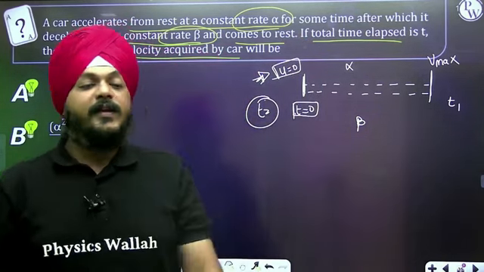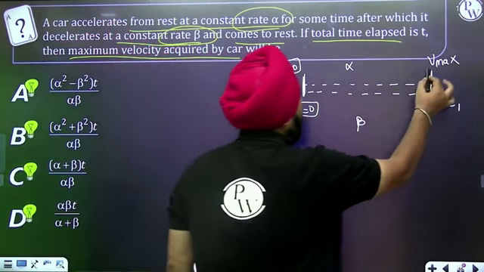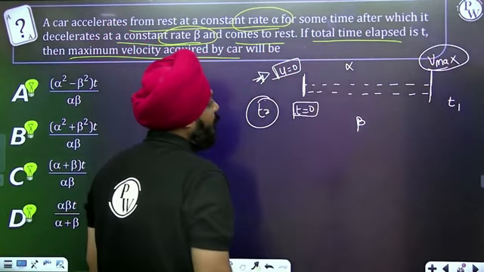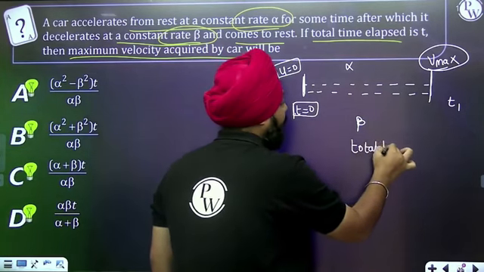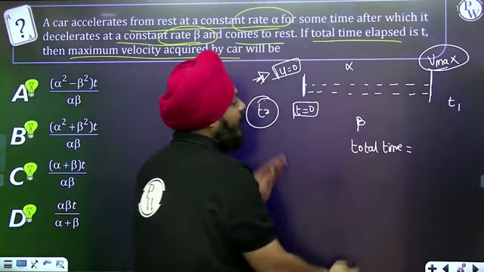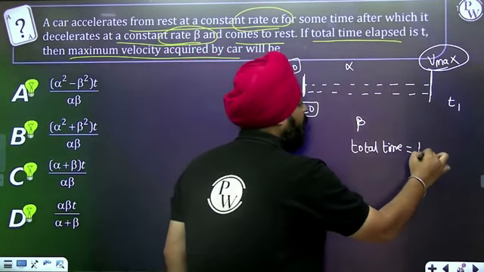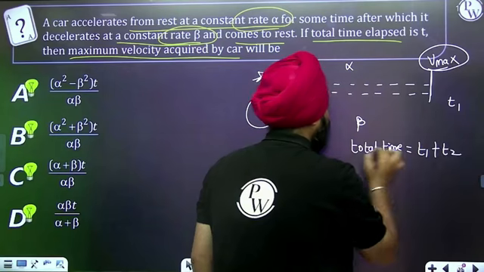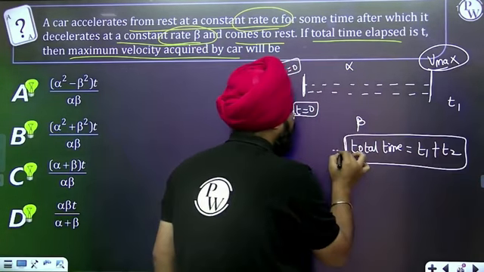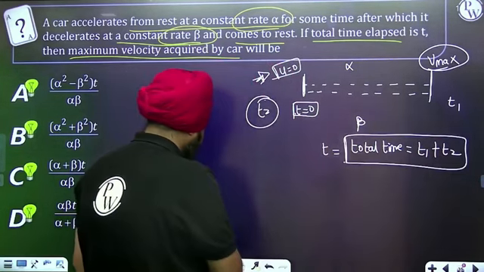In this case, we need to calculate the value of the maximum velocity. Now what is the total time? The time of acceleration is t1, the time of deceleration is t2. Journey is over. The total time is t1 plus t2, and that is T.